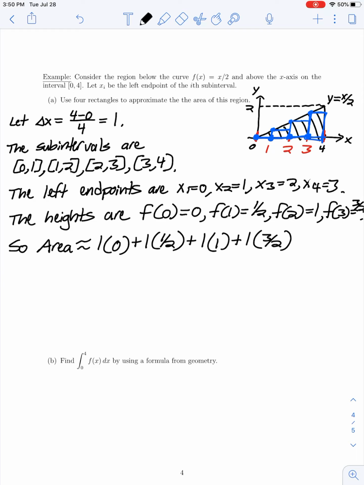So altogether, we're left with 4/2, or 2 plus 1, which is 3. So this would be an approximation of that area.